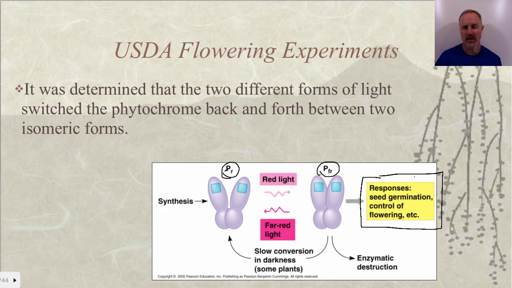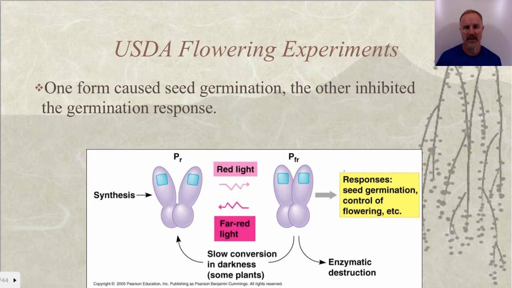And then very slowly in the dark, because there's no red light, it's slowly getting converted back into this form over here, which was optimal for absorbing the red light and kicking this process back in this way. So this phytochrome switches back and forth between the two different forms based on the type of light that it's beaming with.